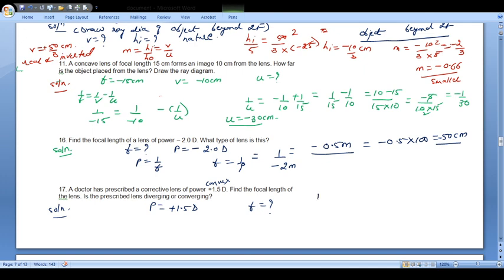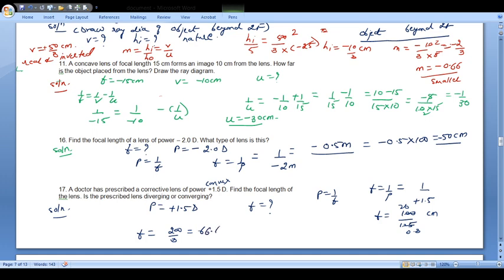Focal length, we will have P is equal to 1 upon F. So F is equal to 1 upon P, that is 1 upon plus 1.5. So F is equal to 100 upon 1.5. This will be in centimeters. So this is going to be the focal length. F can be written as 200 upon 3. 3 6s are 18.